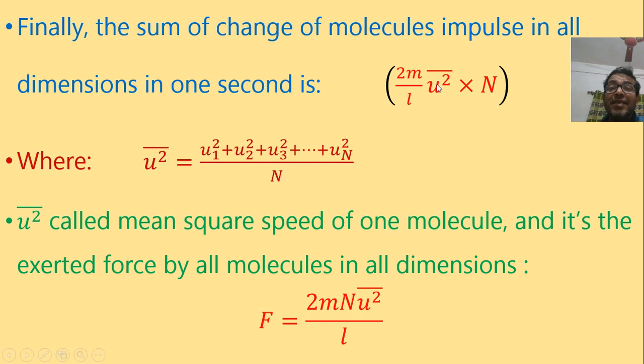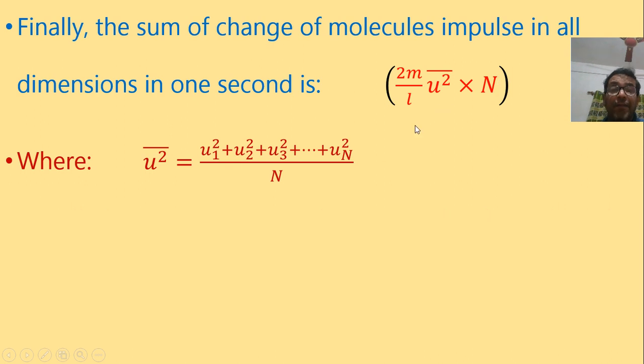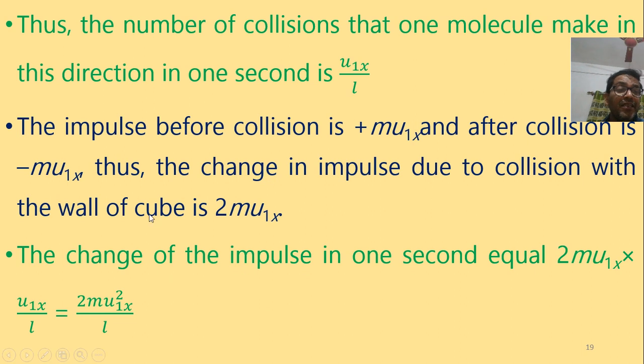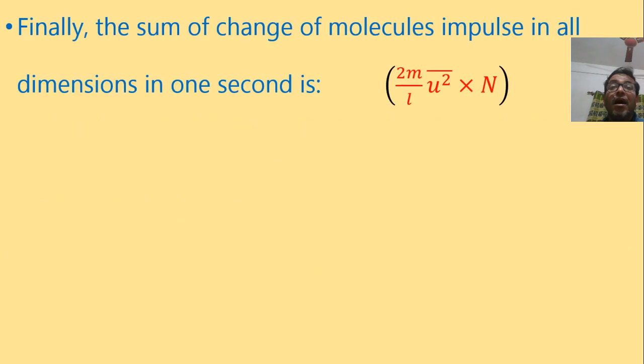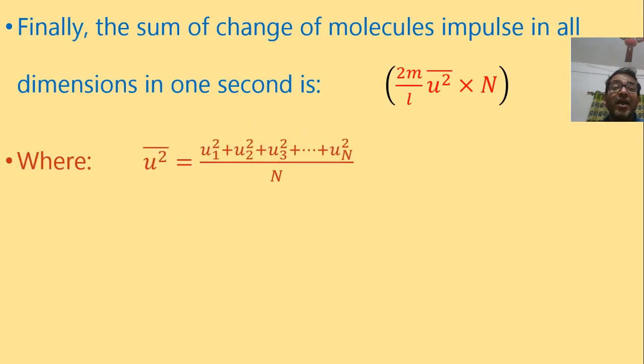And what is n? N is basically the number of molecules, the sum of change in molecules. We already deduced that in the previous part. You can check it: that is 2 m u1 square by L. Now we are considering all directions in 1 second, so we are considering u square, that is u1 square, u2 square, u3 square, up to n number of molecules.